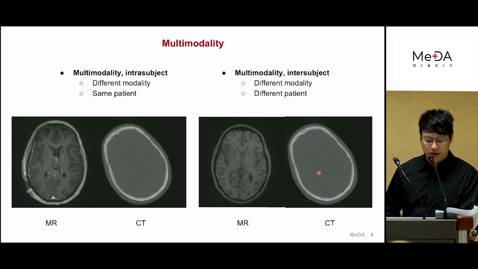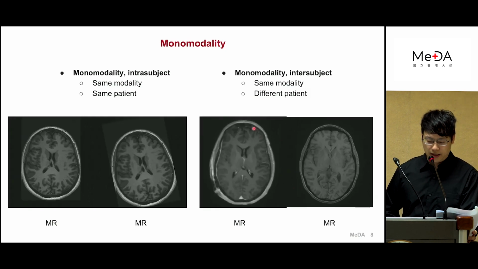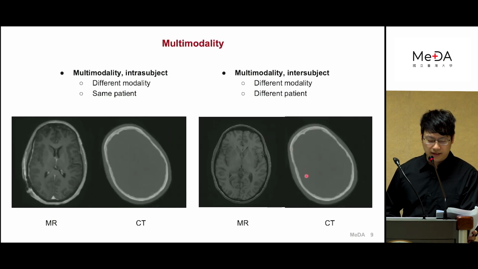This application scenario is similar to the monomodality inter-subject case shown on the previous page. In this context, we can align either an individual patient's image or multiple patients' images to a standard brain or atlas, facilitating the analysis of specific diseases.